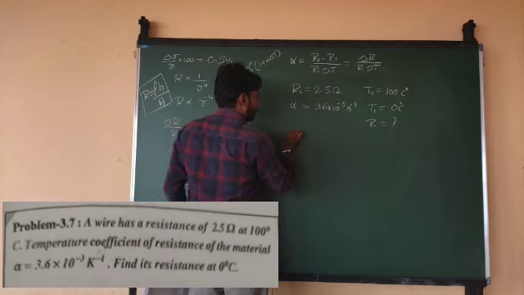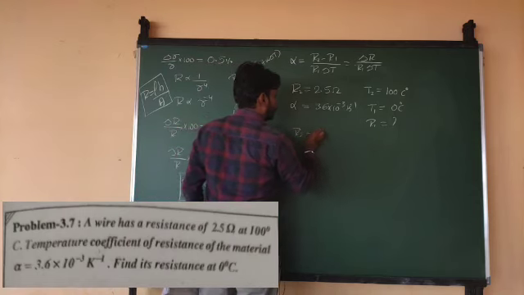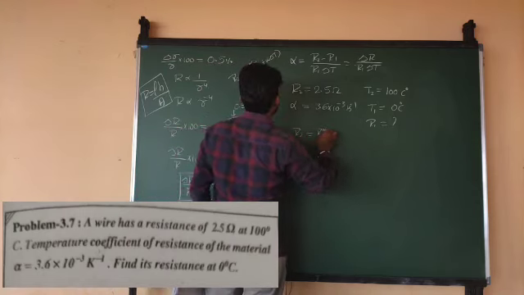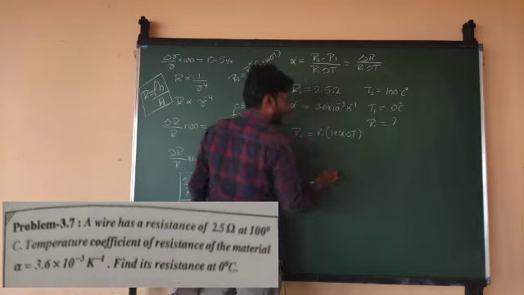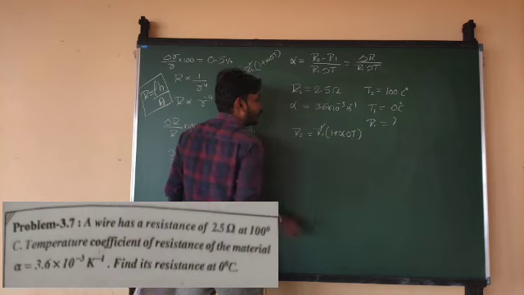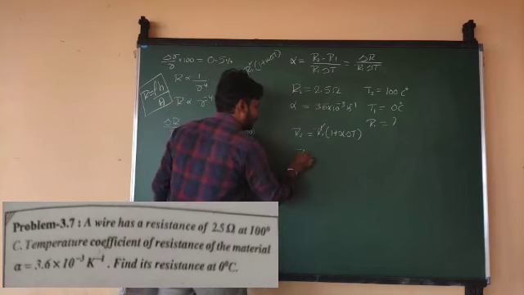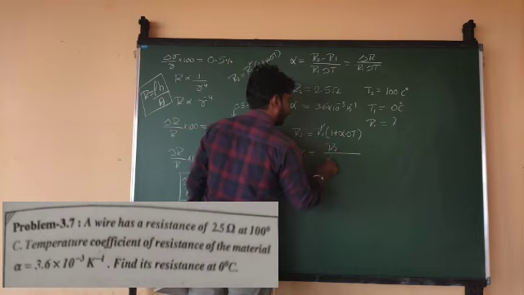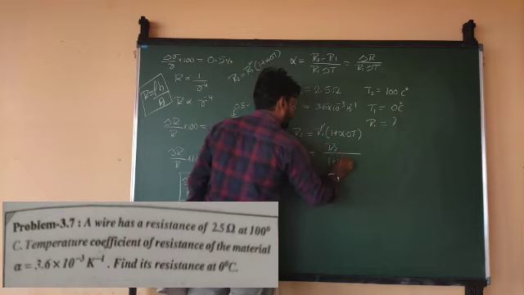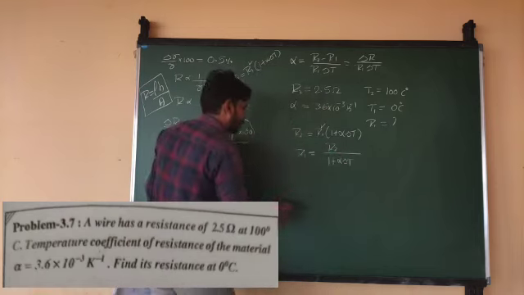So I have the formula R2 is equal to R1 into (1 plus alpha into delta T). I have to find the R1 value. Rewriting, R1 is equal to R2 divided by (1 plus alpha into delta T).